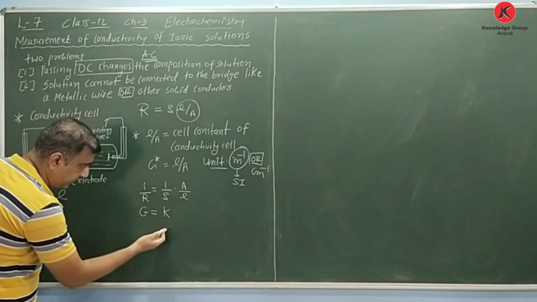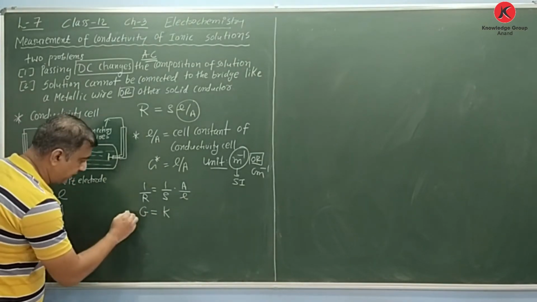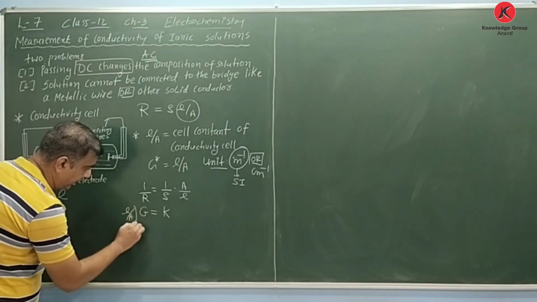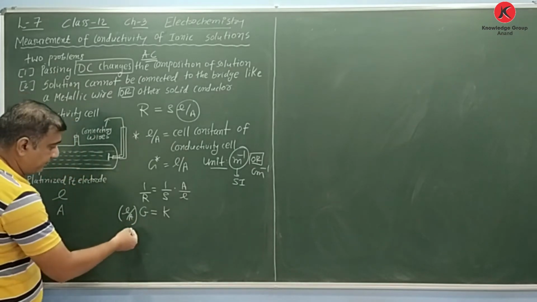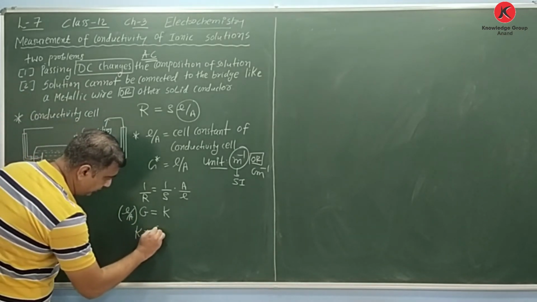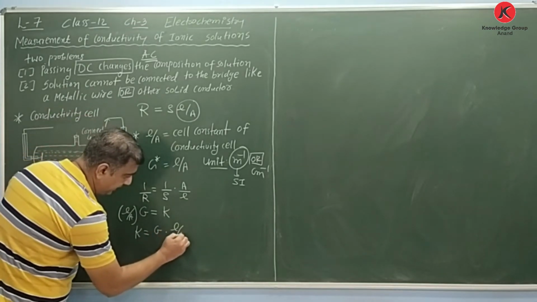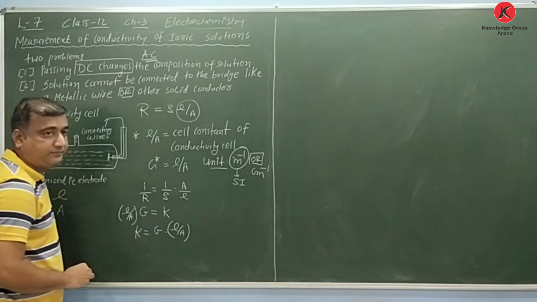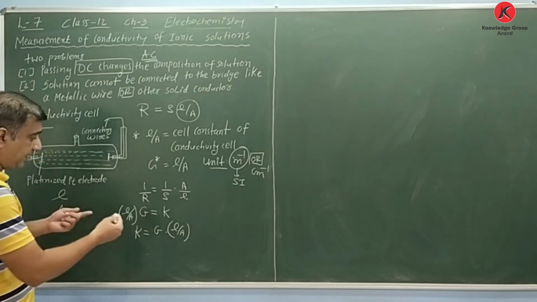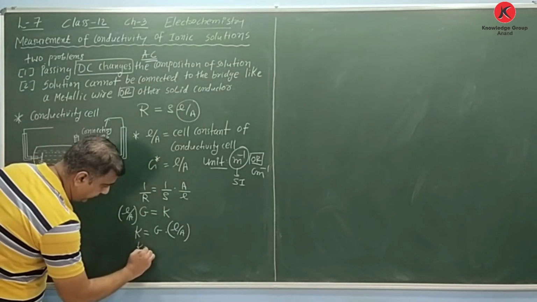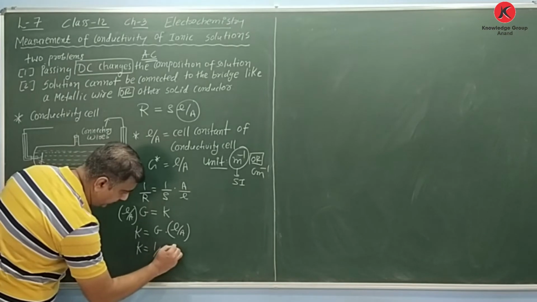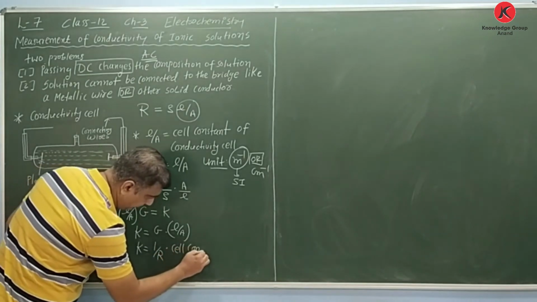Shifting L by A to this side, we can write K equals G into L by A. L by A means the cell constant. So again we can write K equals 1 upon R into cell constant.